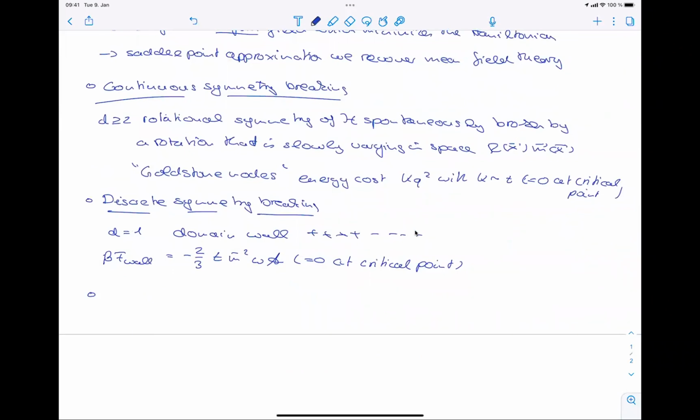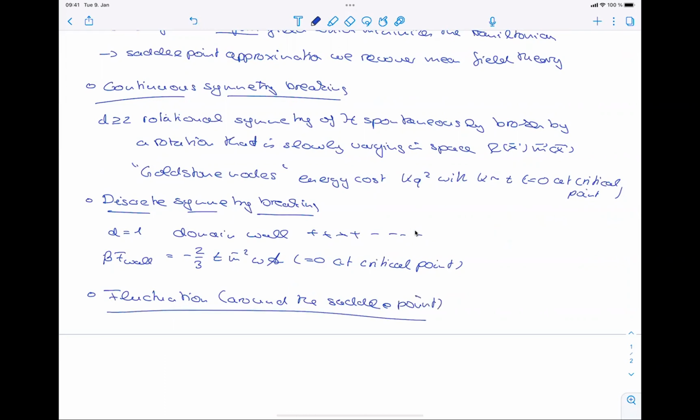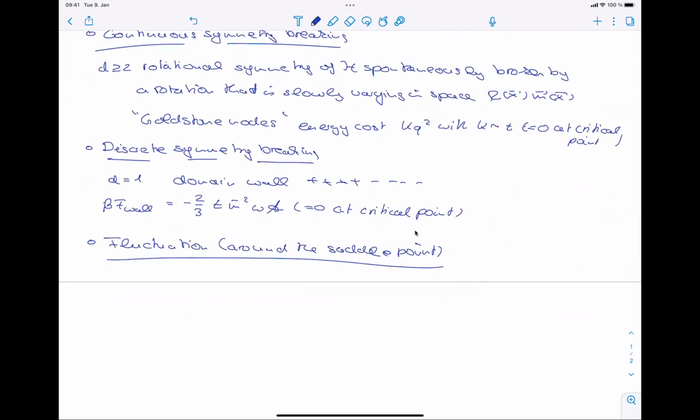And last, we started talking about the fluctuations around the saddle point. And so here the answer was to write down the magnetization as the average magnetization, which, without loss of generality, we have point into the x1 direction, plus fluctuations around it.